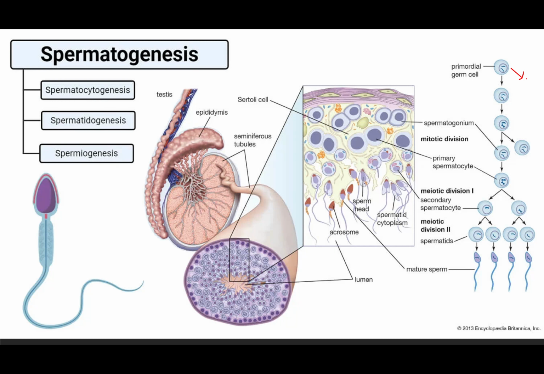Remember that type A won't do anything. It will return up here. Type A will just remain as the primordial germ cell, while type B now goes through cell DNA replication, right, and splits? So this is the first meiosis, so meiosis one to produce secondary.